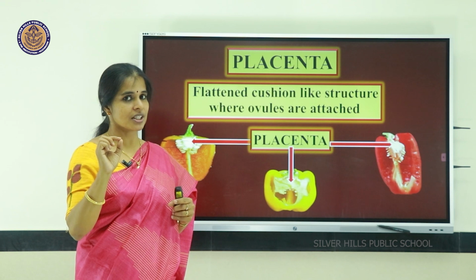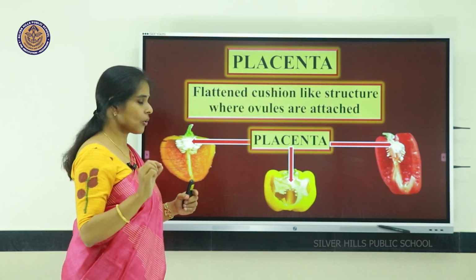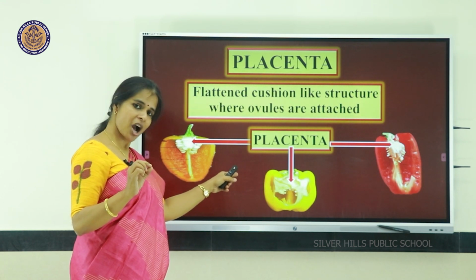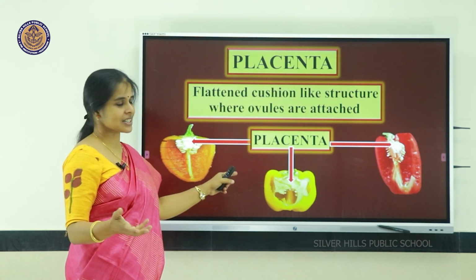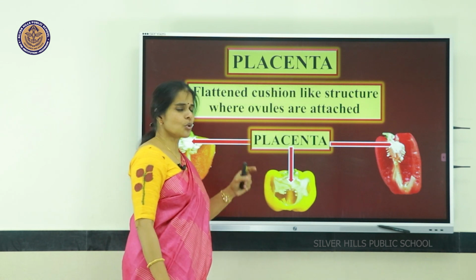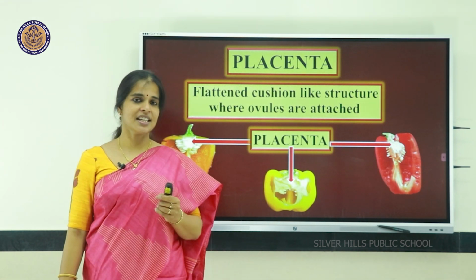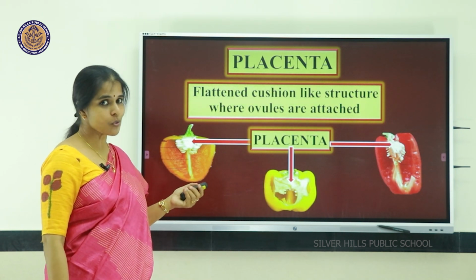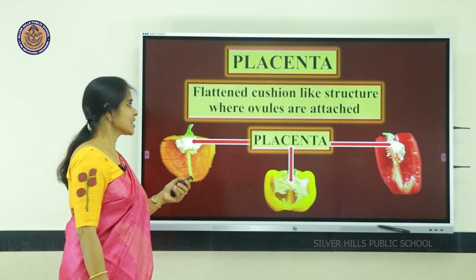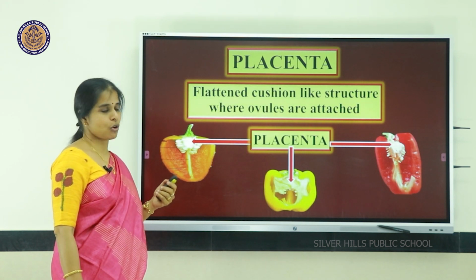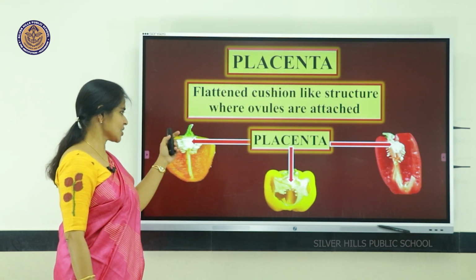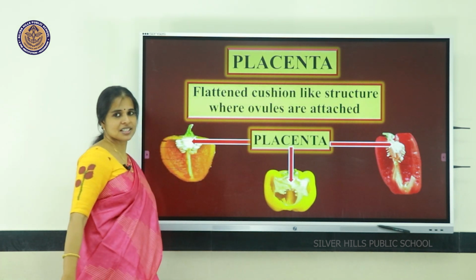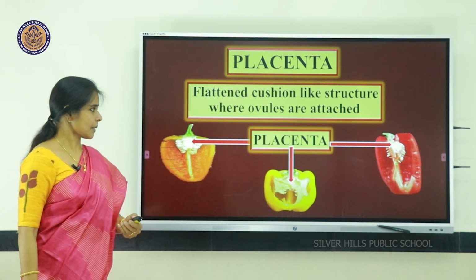Ovules normally get converted into seeds. So, the part where the ovules were attached prior to fertilization is exactly where seed formation takes place. So, in capsicum we can see the placenta very clearly. Once again, the placenta is a flattened cushion-like structure where the ovules are attached.